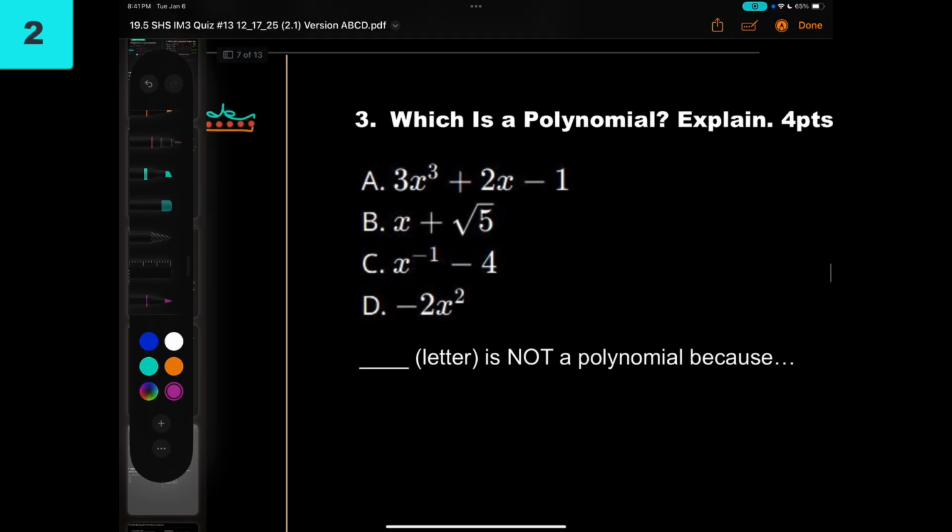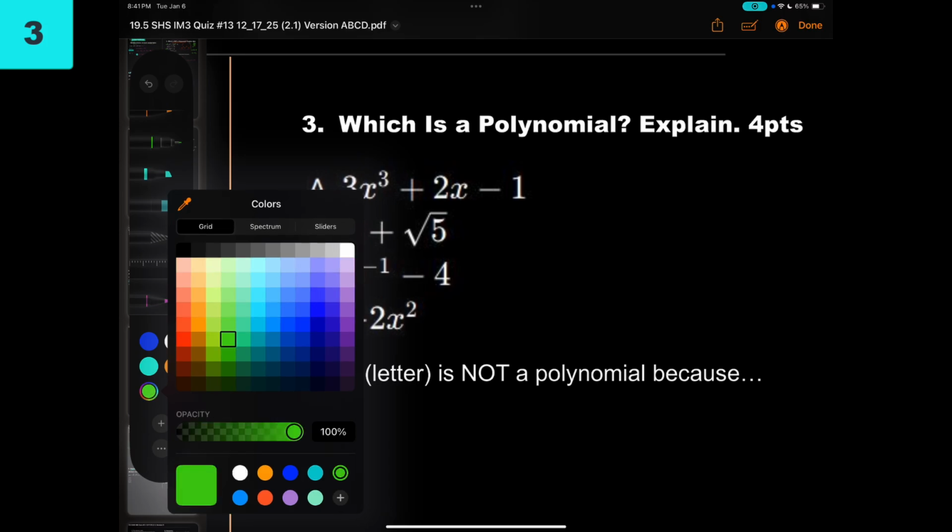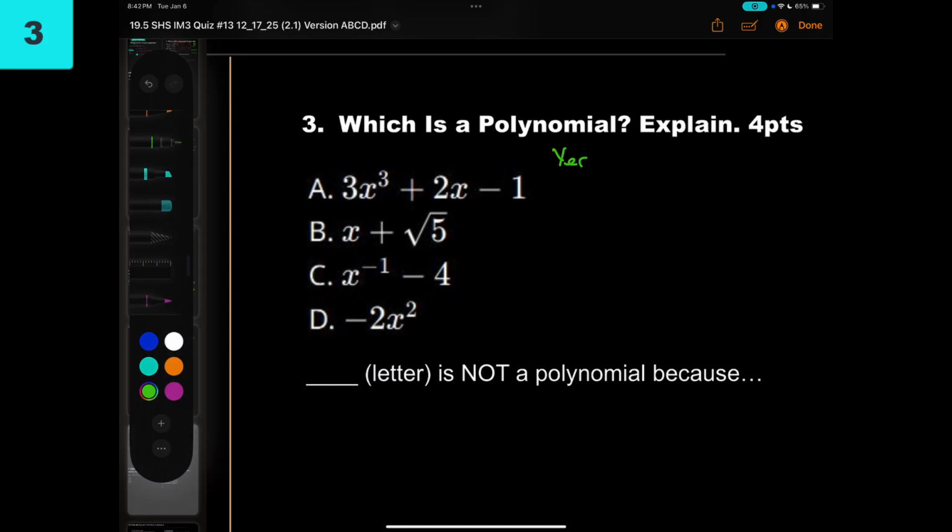Okay, which one is a polynomial? So green light, what is a polynomial? You know your base is going to be a variable. So the bottom one, like this. So this one's good.